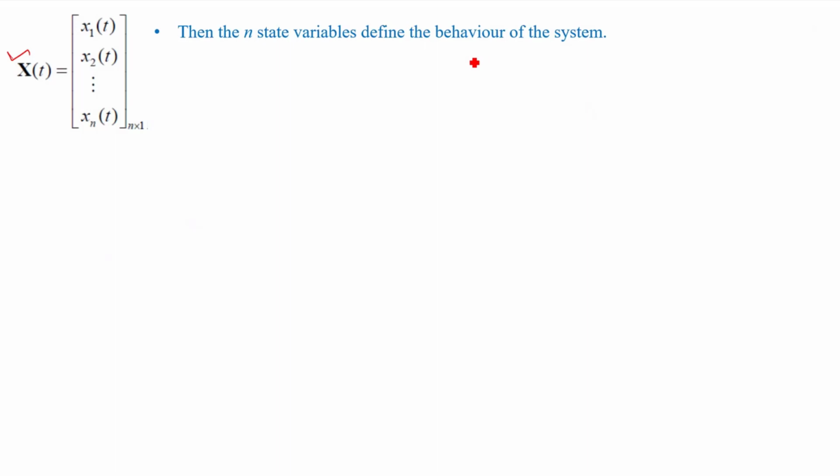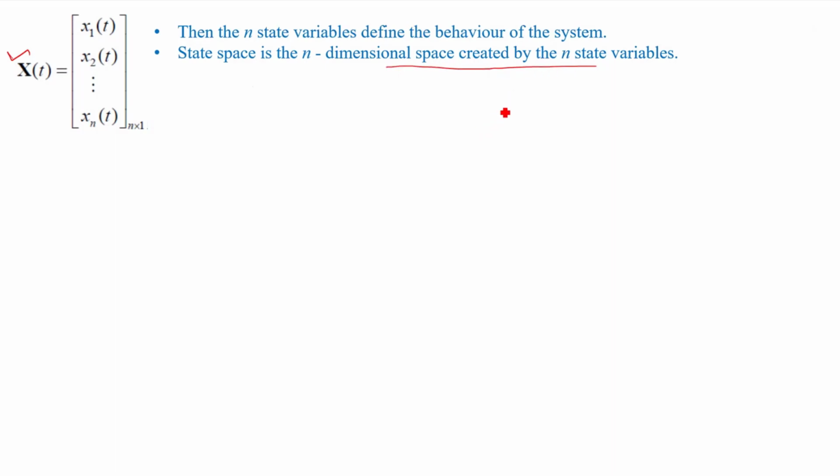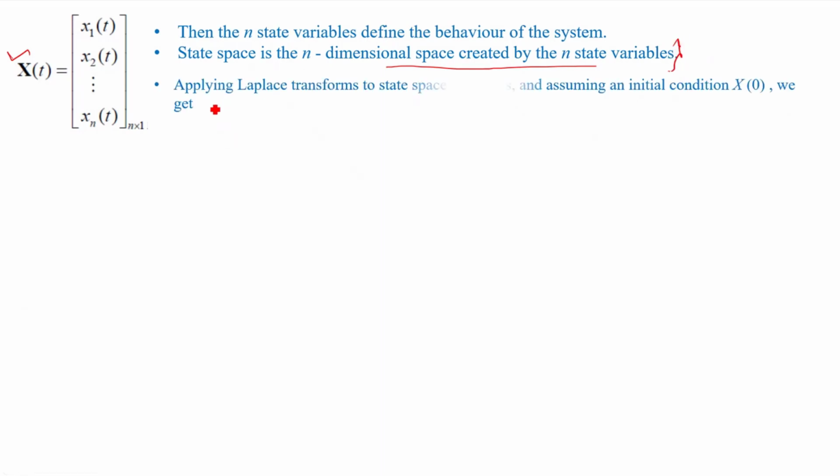The n state variables define the behavior of the system, so state space is the n-dimensional space created by the n state variables. We have already studied this in the elementary linear algebra course.